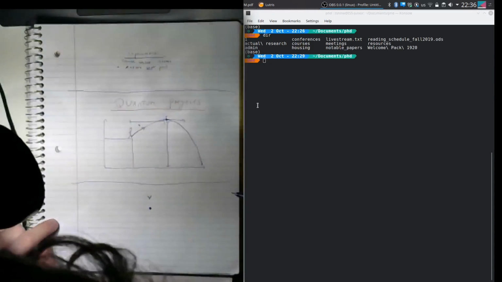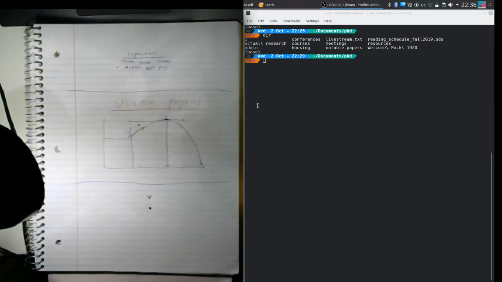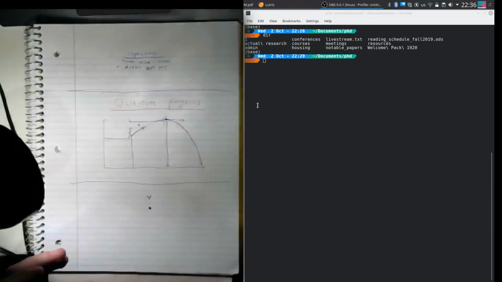But for a quantum particle, for anything that's small enough for its quantum effects to be noticeable, which I know is kind of vaguely defined, but it very much is a size thing, every object has a size at which quantum effects become noticeable, and you can calculate this based on how much energy the object has.